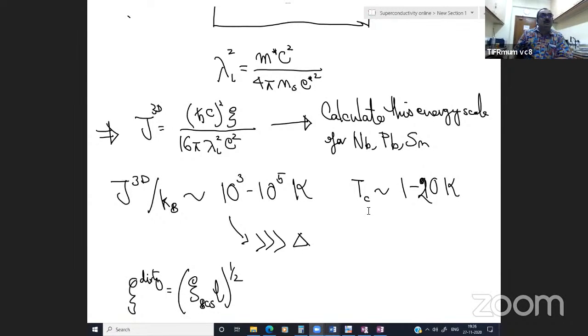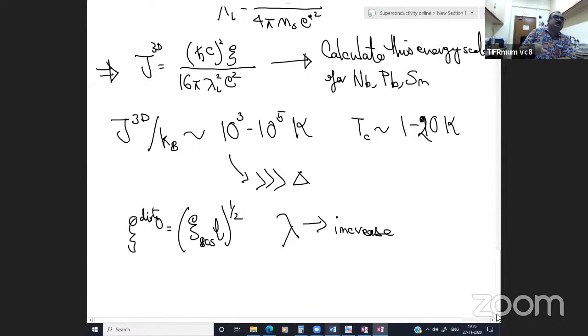And you know that if I put in more and more disorder, the penetration depth lambda will increase. And this we have done in great detail from the sum rule. So if you have forgotten, just refresh your memory.